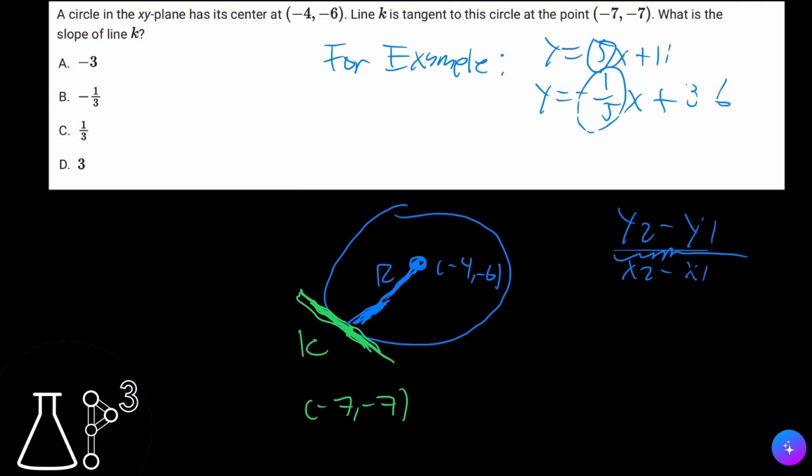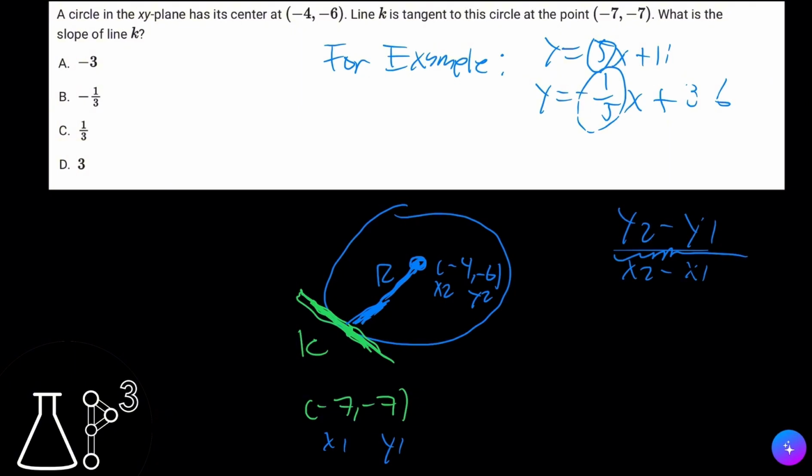And as we can see, x2 and y2 are always the biggest values. In this example, -4 is greater than -7, and -6 is greater than -7 on the y-axis. Therefore, (-4, -6) is my x2 and y2 values, and the -7s are my x1 and y1 values.